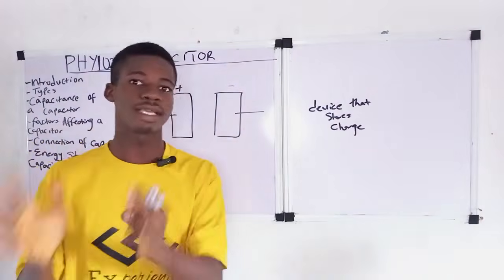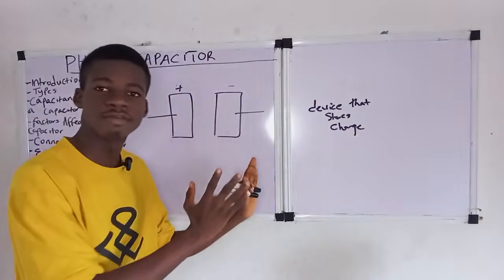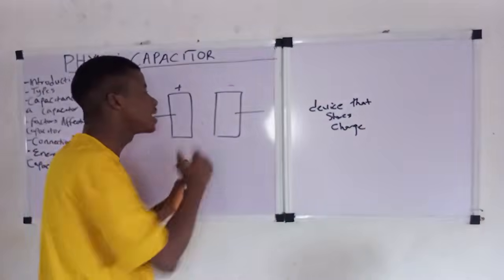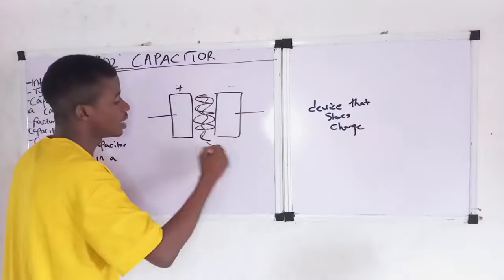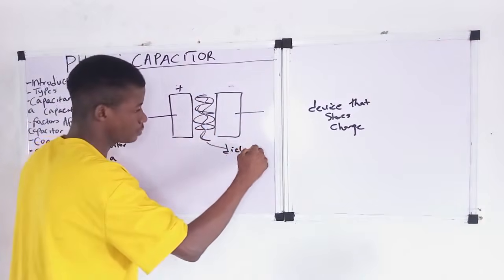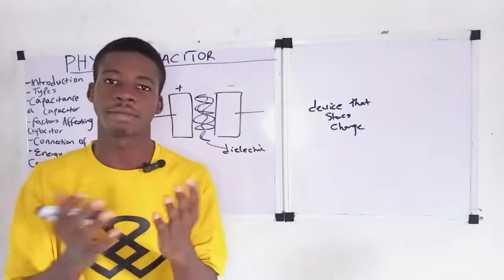So a capacitor is made up of two metal plates, the positive plate and the negative plate, separated by what we know as a dielectric. These are the components of the capacitor.